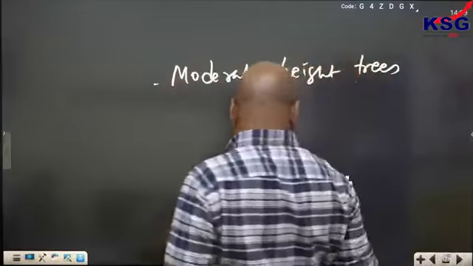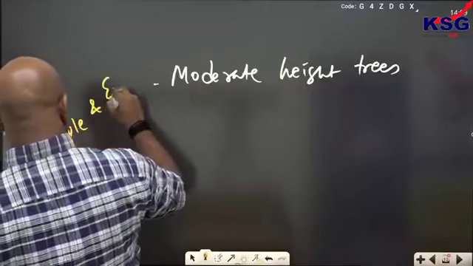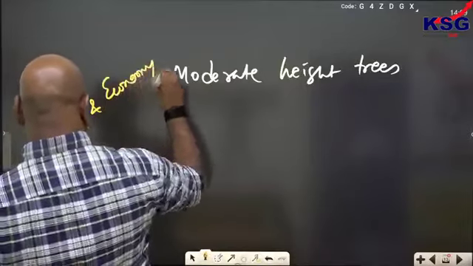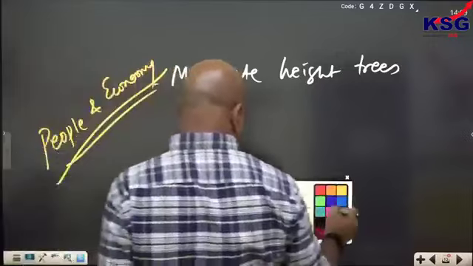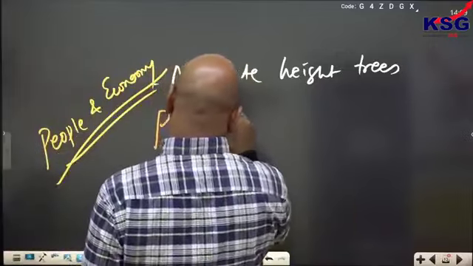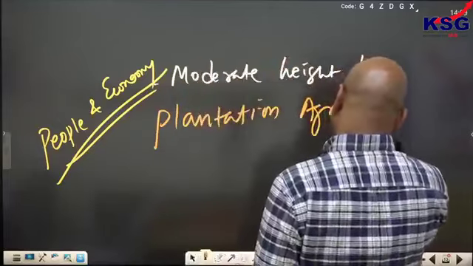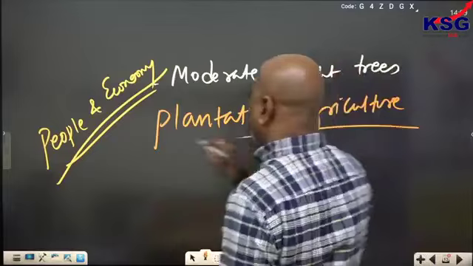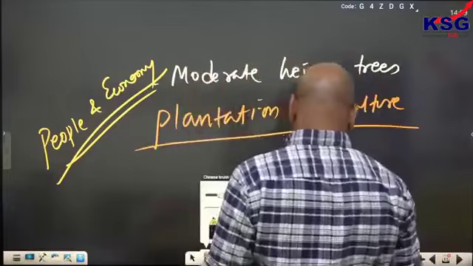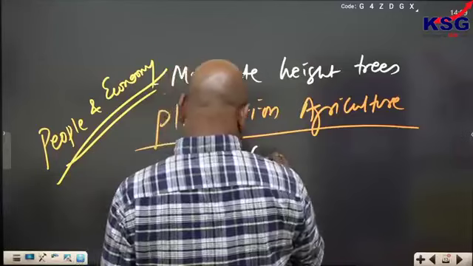If I go to the people and economy, here most of the people are dependent on plantation agriculture. Plantation agriculture is the most important occupation of the people, especially citrus fruits.